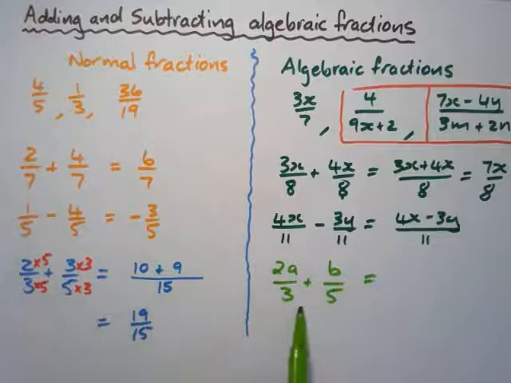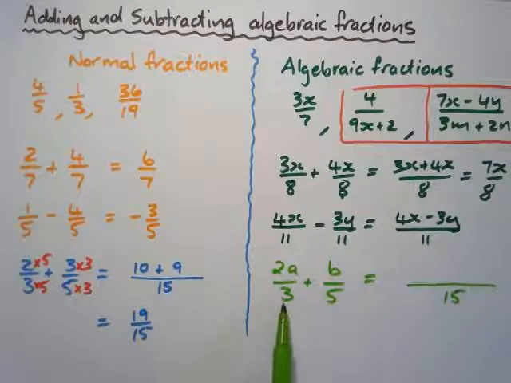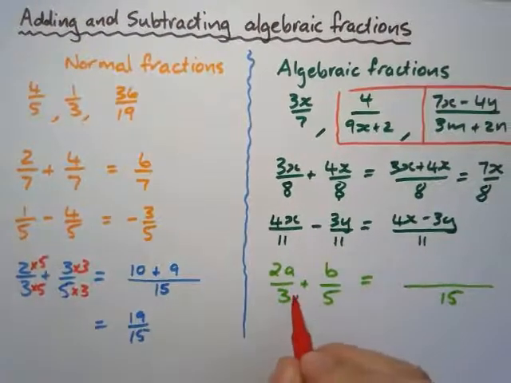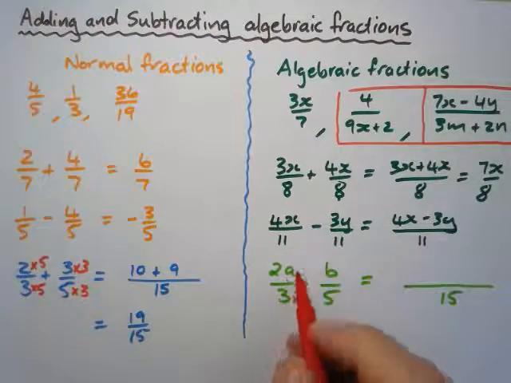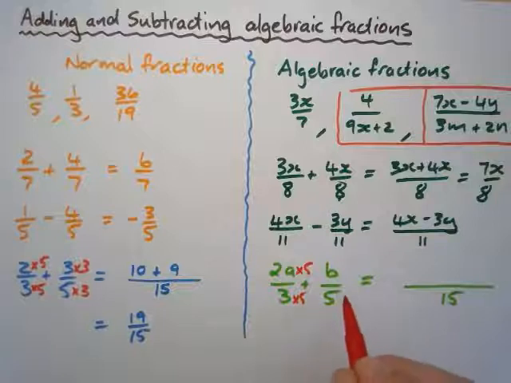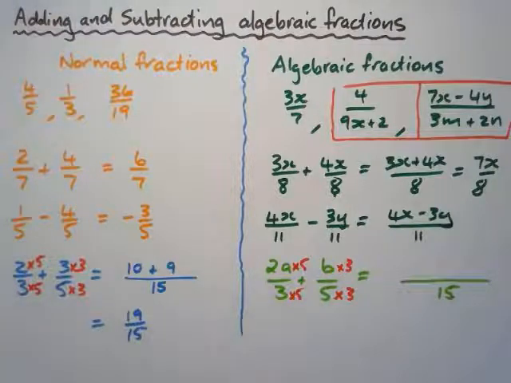I can only add when I have the same denominator, so I have to get the denominator the same. The lowest common multiple for 3 and 5 is 15. What do I do to 3? I times it by 5. What do I do to 2a? I multiply it by 5. What am I doing with 5? I multiply it by 3 to get to 15, so I have to multiply the b by 3 as well.